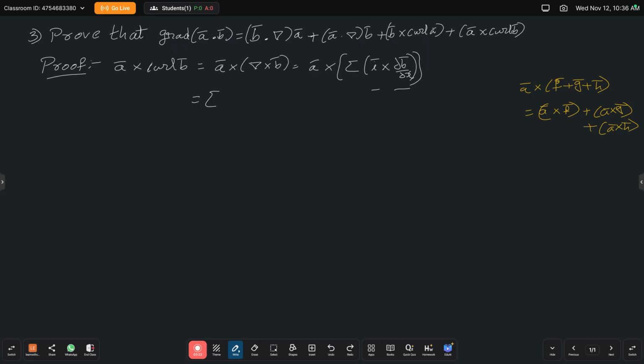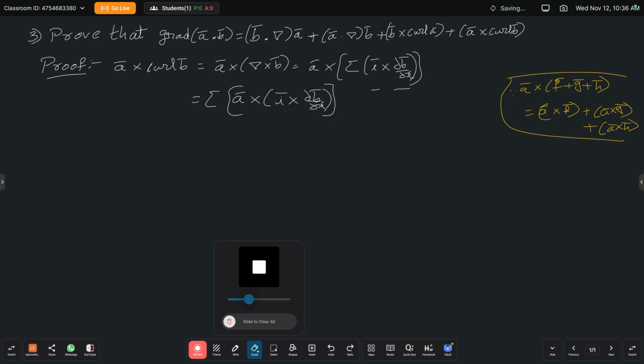So using the left distributive law, I am going to write this as the summation of a bar cross I bar cross dou b bar by dou x. In the rough work I mentioned it in parts, but the three terms f, g, h are in the form of a summation in our case.